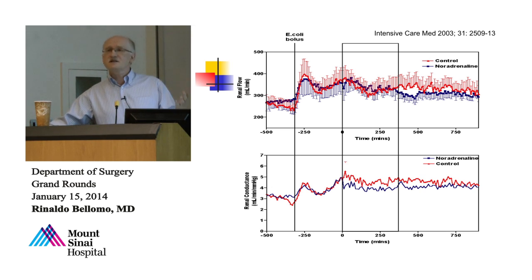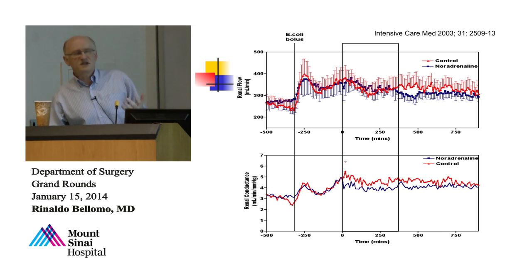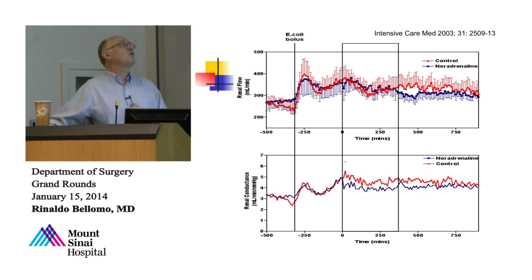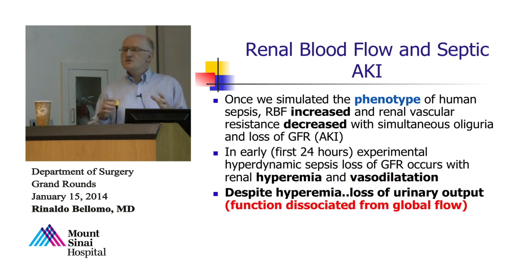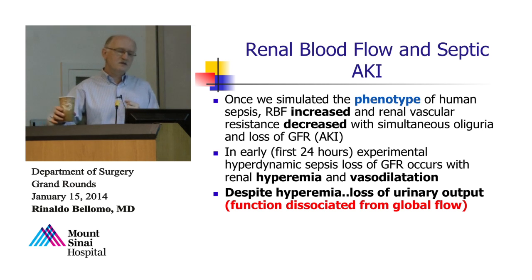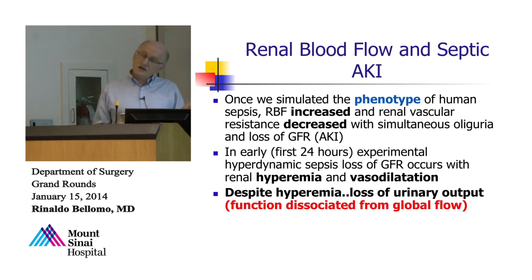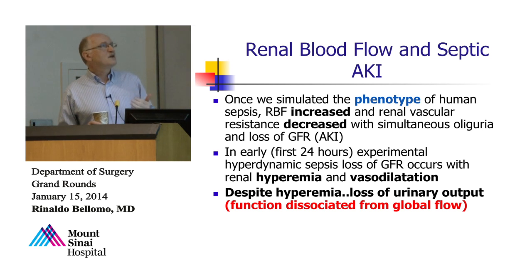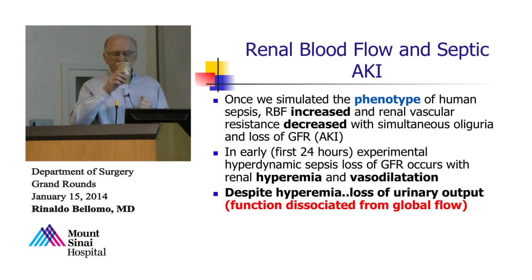Your renal conductance, which is the inverse of resistance, has gone up or your resistance has gone down, whichever way you want to describe it. There is functional renal vasodilatation. So once we simulated the phenotype of what we see in human sepsis with gram-negatives, renal blood flow was not decreased, was increased, and the renal vascular resistance was decreased with simultaneous oliguria and loss of GFR.